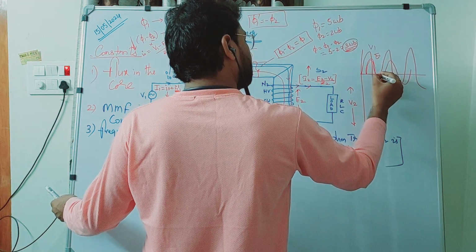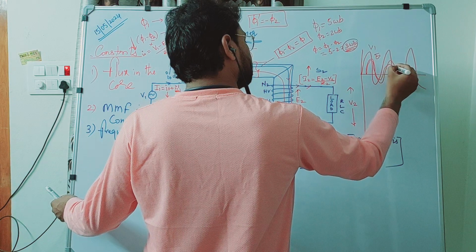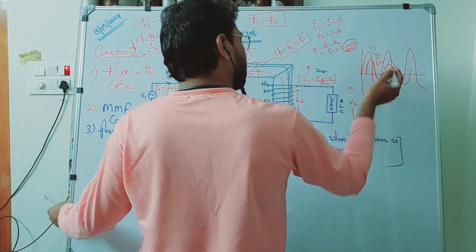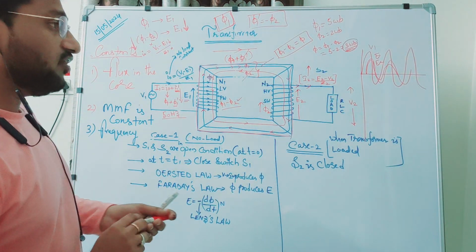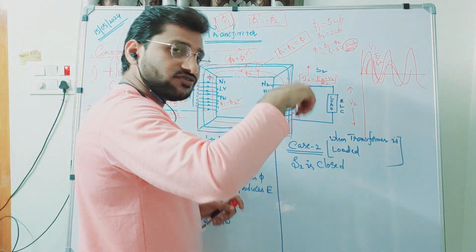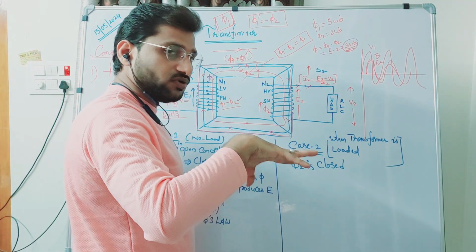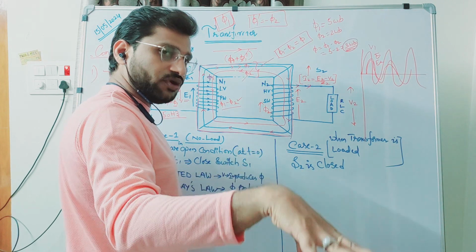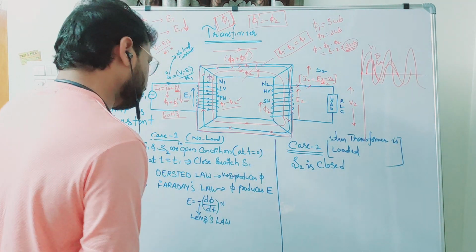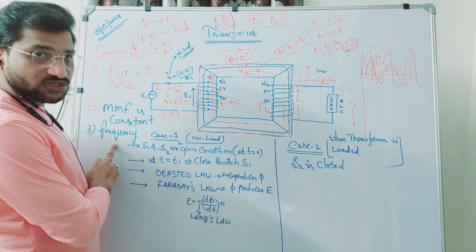Here it may be less, so this is E2, like that. That means the waveform magnitude will change, but the number of cycles the waveform performs in unit time, that is seconds, will not change. So the frequency component is also constant.